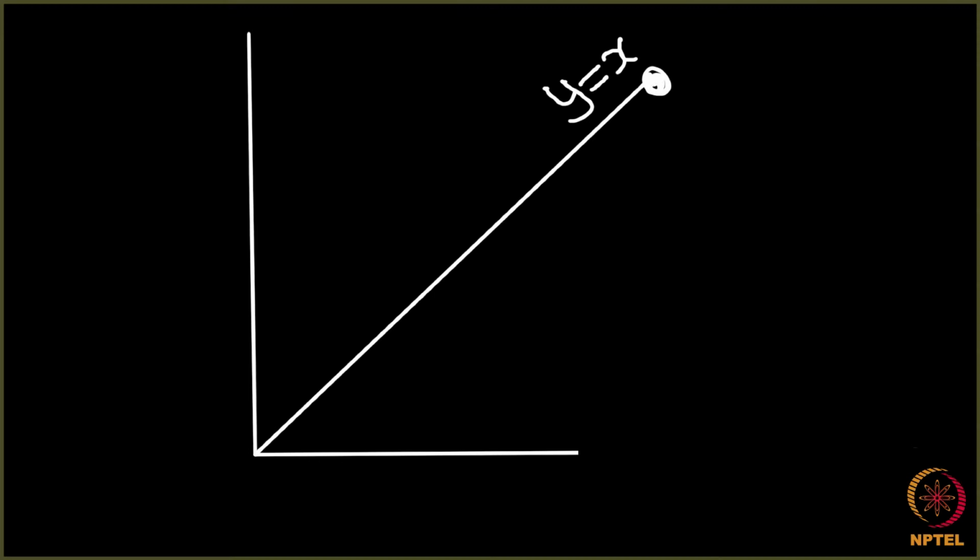This is the line y equals x, and this point is 1, 1. For our function, one point is here, and one point is somewhere here which is less than 1.